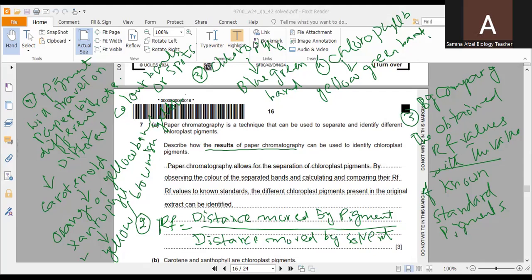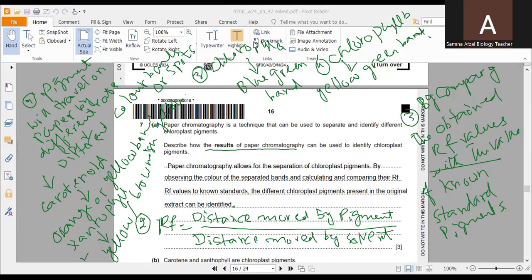I have also written that paper chromatography allows for the separation of chloroplast pigments by observing the color of the separated bands, and calculating and comparing their RF values to standards. The different chloroplast pigments present in the original extract can be identified. So these are very simple methods to identify the different chloroplast pigments.